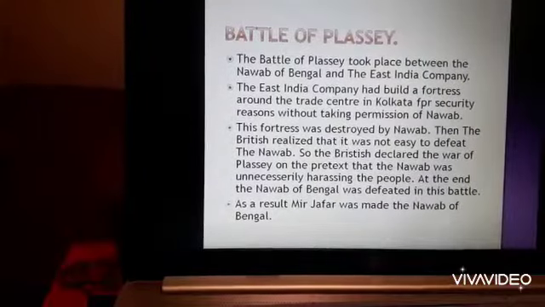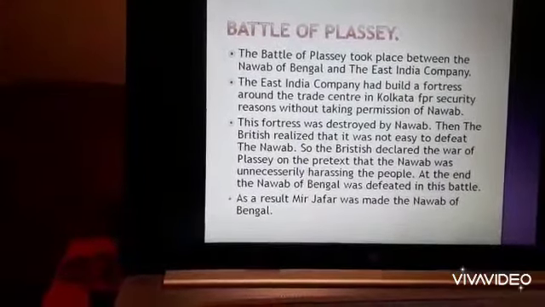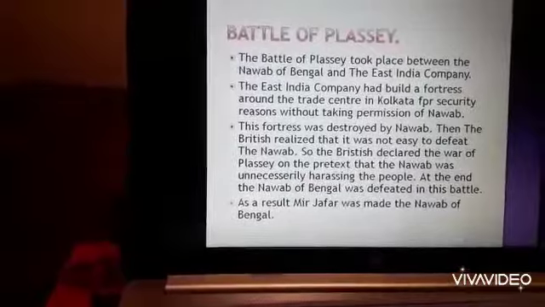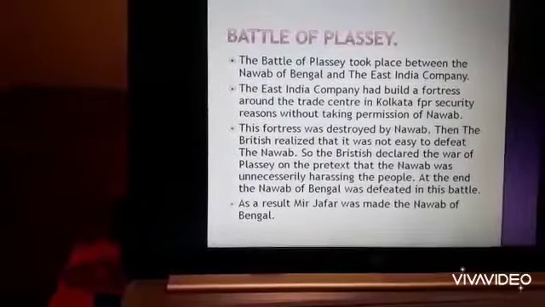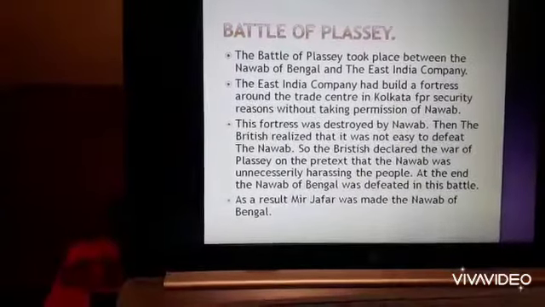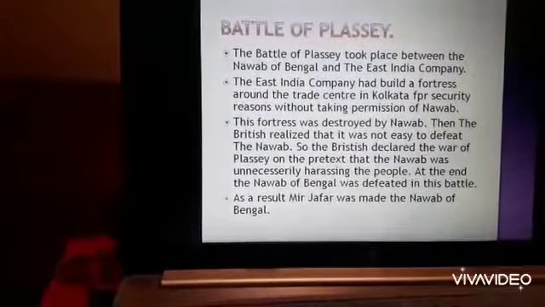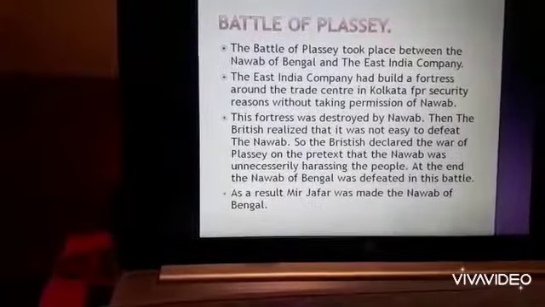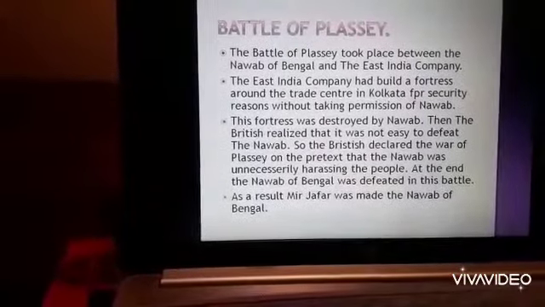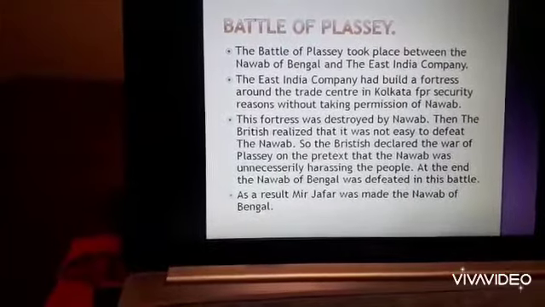This fortress was destroyed by the Nawab. Now the British realized that it was not easy to defeat the Nawab. Therefore, the British declared war at Plassey on the pretext that the Nawab was unnecessarily harassing the people.